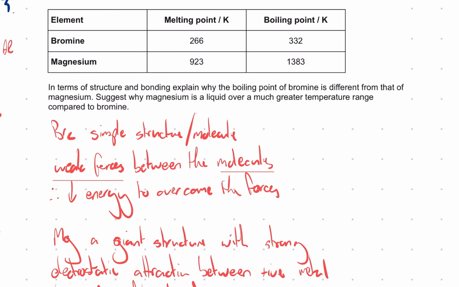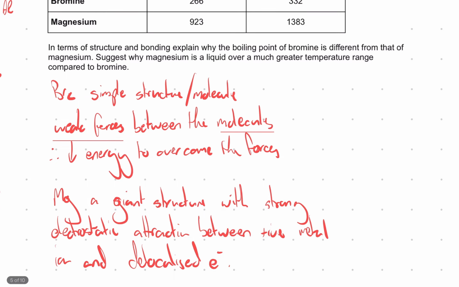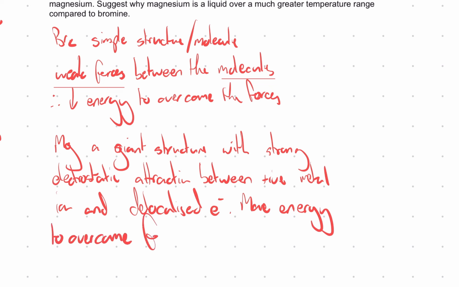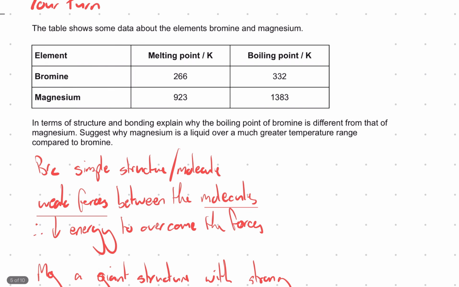So there, why are they different? Yeah, so we've got stronger bonds. So essentially Mg, more energy to overcome forces. And the last bit talks about why there is this greater range between these.